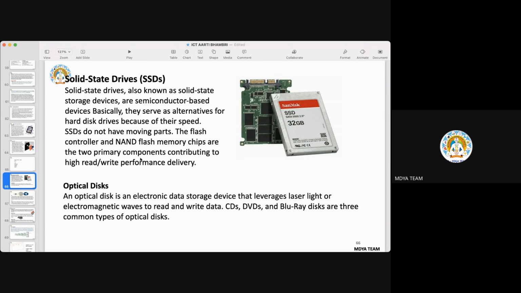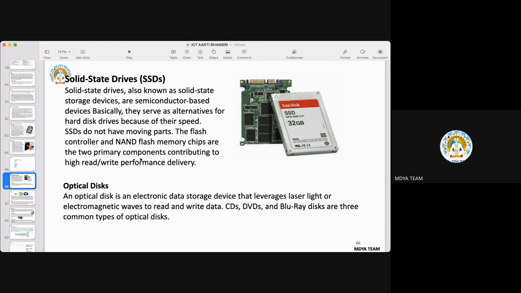Because of their speed and compact nature, they are small in size. Hard disk drives are palm size, or earlier they were very large in size. But nowadays you can get palm size hard disk drives, yet they are very large compared to the 1 or 2 inches size you can get as an SSD.